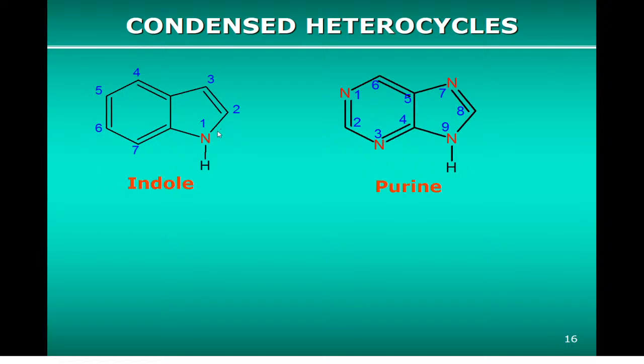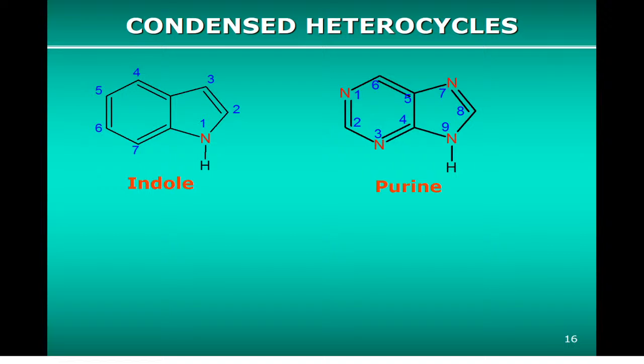That means we move anti-clockwise 1, 2, 3, and we need to continue in the same direction. But here we never number atoms belonging to both cycles at the same moment. Why so? There is no hydrogen to be substituted. But we number this way to show where a substituent can be. So that's why there are 7 numbers, but really 9 carbons.